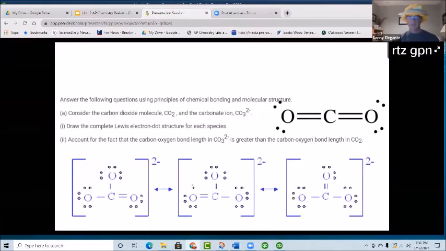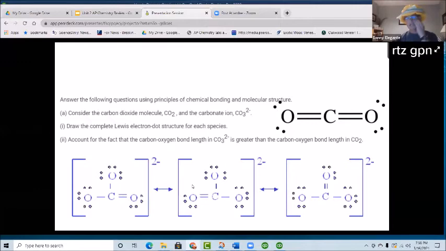So if you have a double and 2 singles, that's a total of 4 bonds shared between 3 oxygens and carbon, right? So 4 bonds split 3 ways means that each bond is not a single, it is not a double, it's more like a bond and a third, right?